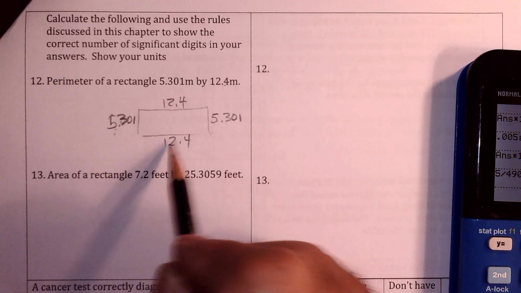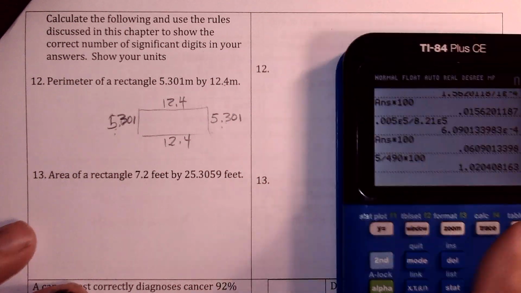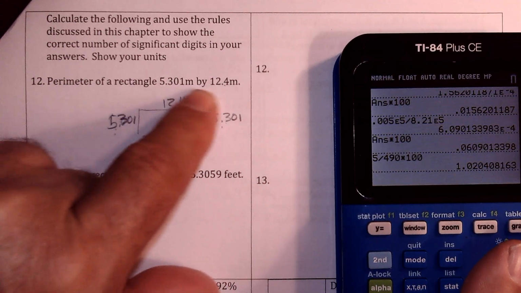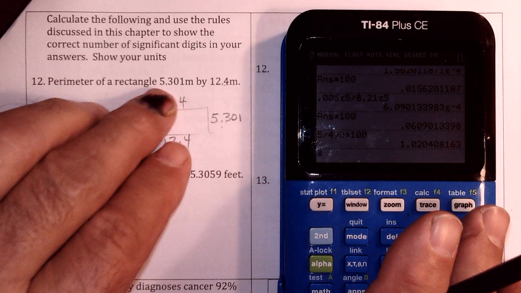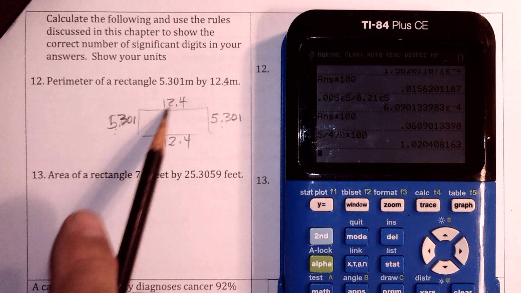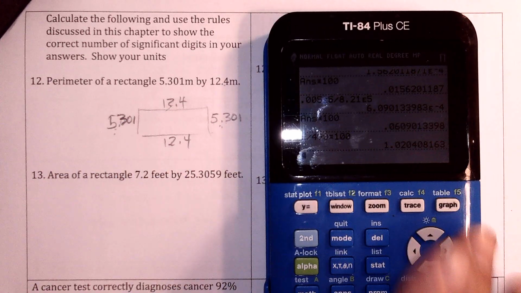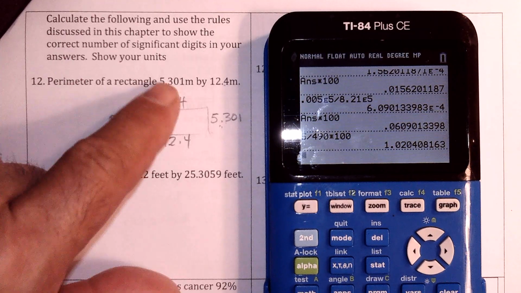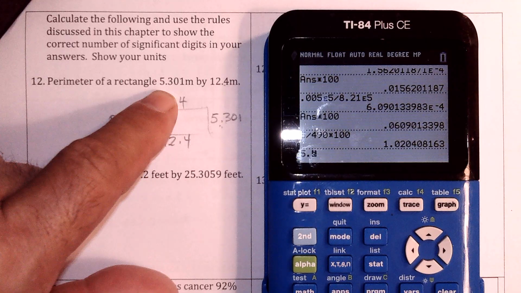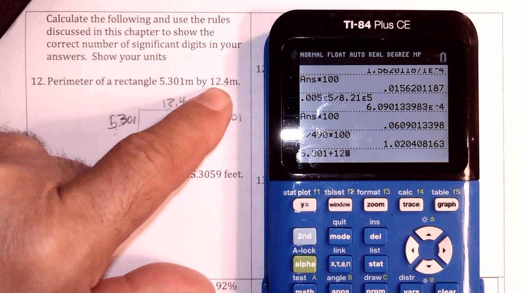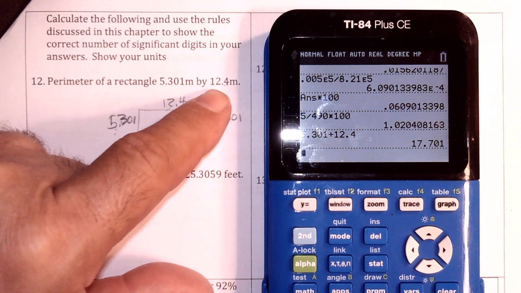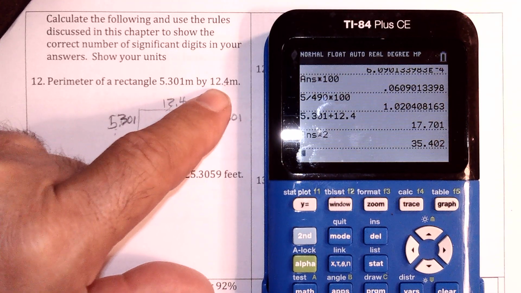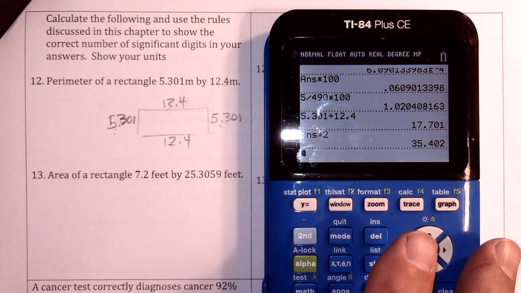Perimeter is all these added up. Or you could take 2 times that plus 2 times that. Or you could add these up, the two of them, and then double the answer. I will do it that way. So I'll go 5.301 plus 12.4 times 2. There's the perimeter in meters.